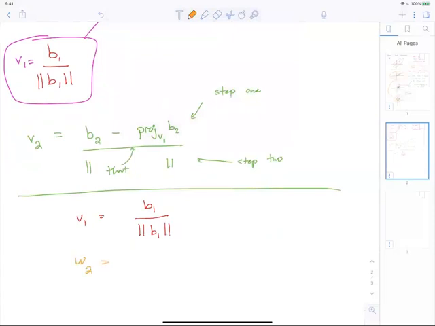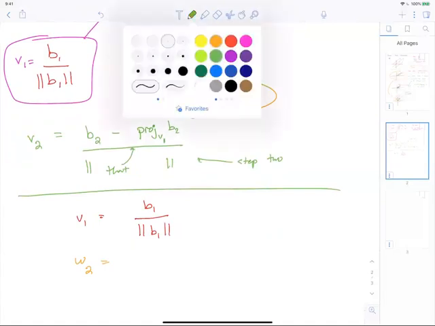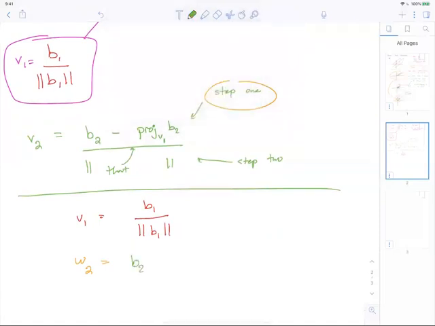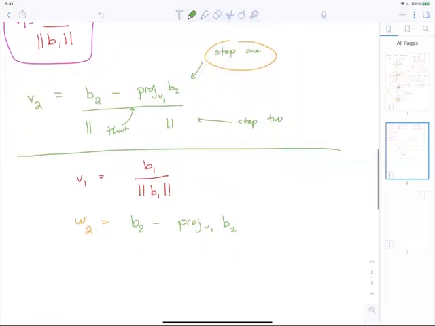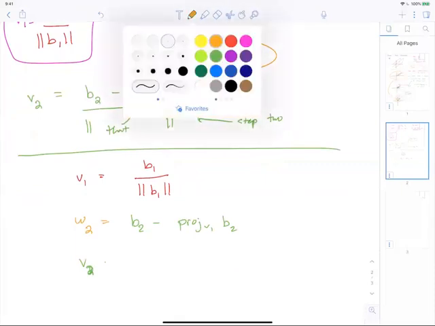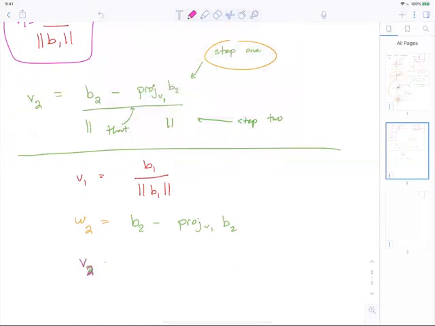W2 is this step 1 part: we take our original basis vector B2, and subtract out the projection onto V1. Then we finalize it: the vector we want, V2, is just what we got from above divided by its norm.